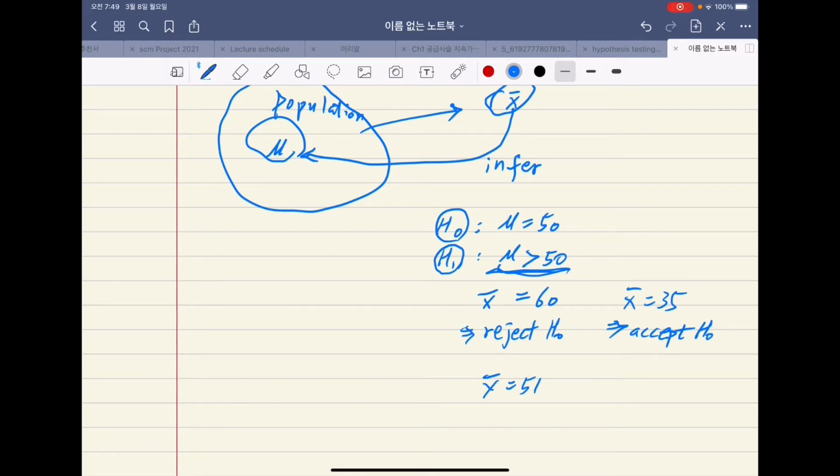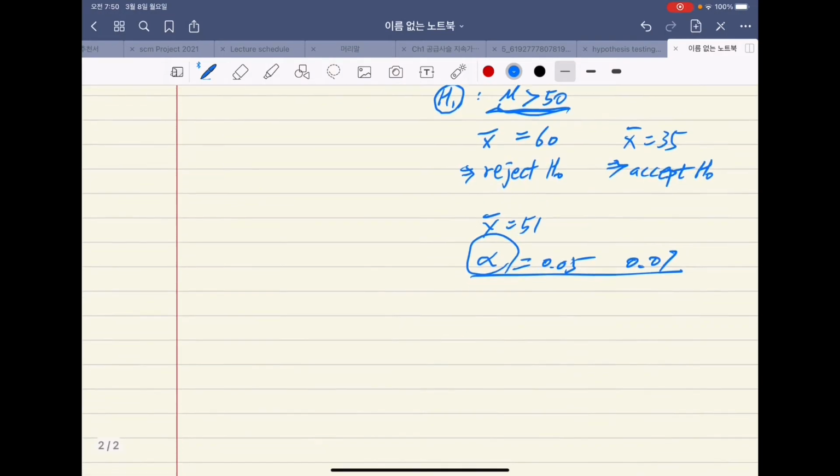Actually, when you make this type of conclusion, you have to set a value called alpha. This is called the significance level. When you read research papers, you usually see alpha is 0.05 or 0.01. We'll talk about this when we go into hypothesis testing.